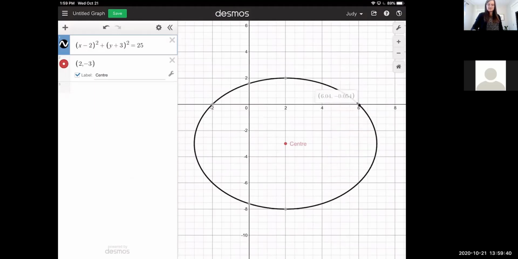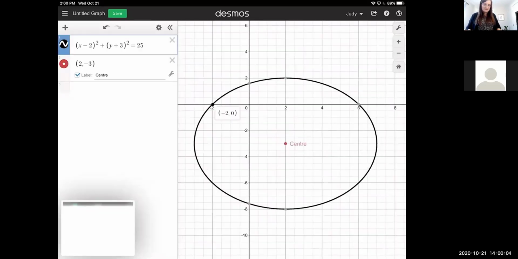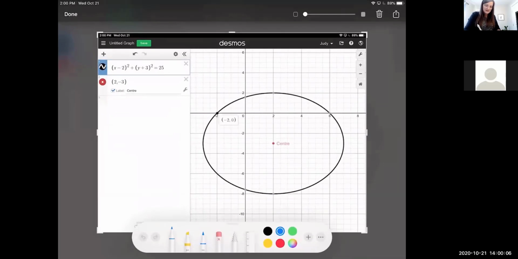And then if I wanted to check my distance, I could take any point that is on here. Any of these, see how a lot of them are decimals? Any of those points, the x and the y, if I plug it back into that equation, I'll have kind of like the Pythagorean theorem again, right? So this point here is a nice point, negative 2, 0. Once I have this down, I can play around with it.